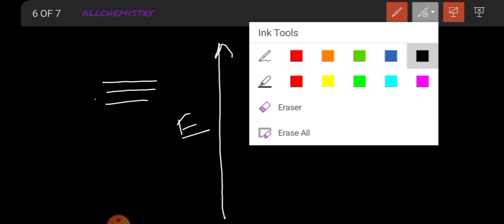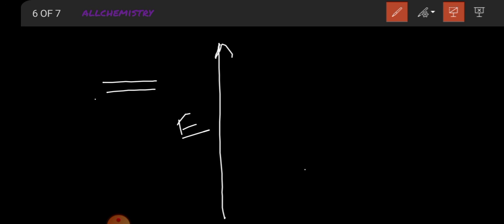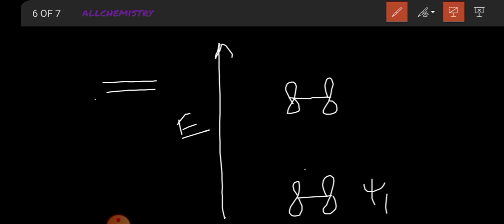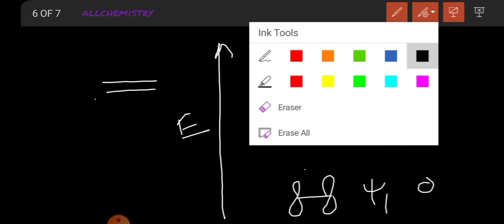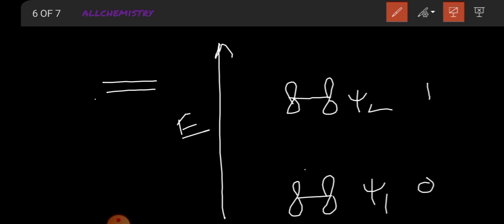So 2 MOs, these are the orbitals. This is psi 1, this is psi 2. Here 0 node, here 1 node. Here is the node and here is the filling. This is it.